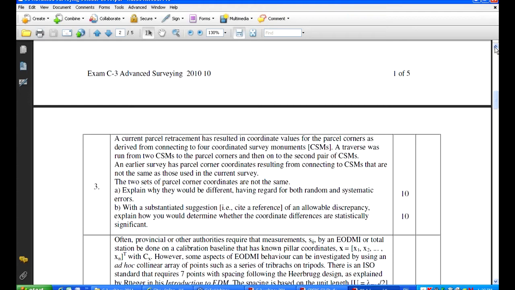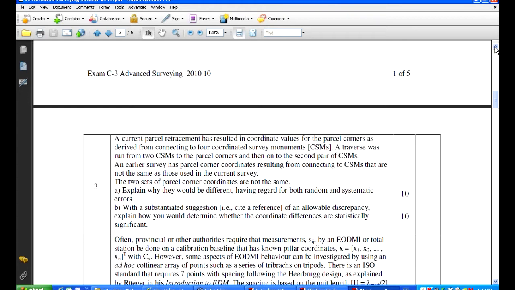And so you have a difference from two sets of coordinates. You have the measure of a quality of each set of coordinates, so you should then be able to come up with a statistical test to judge the significance.